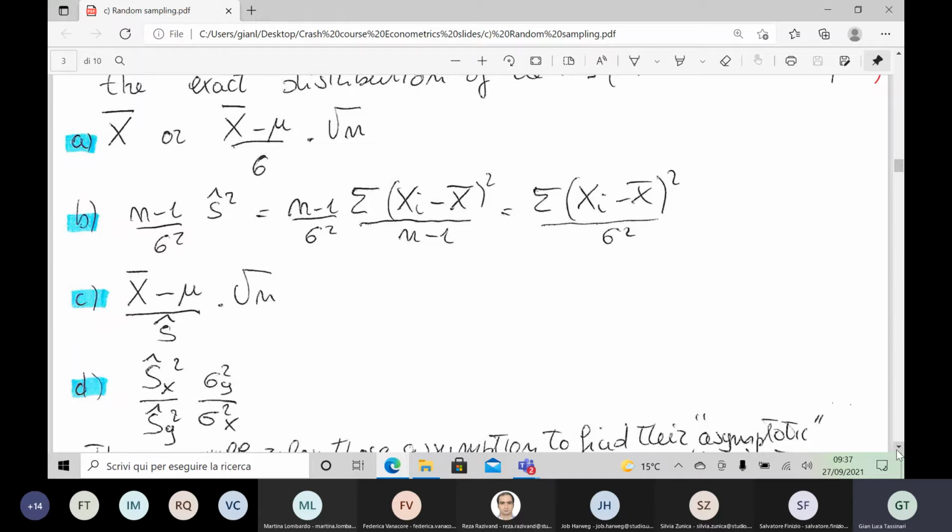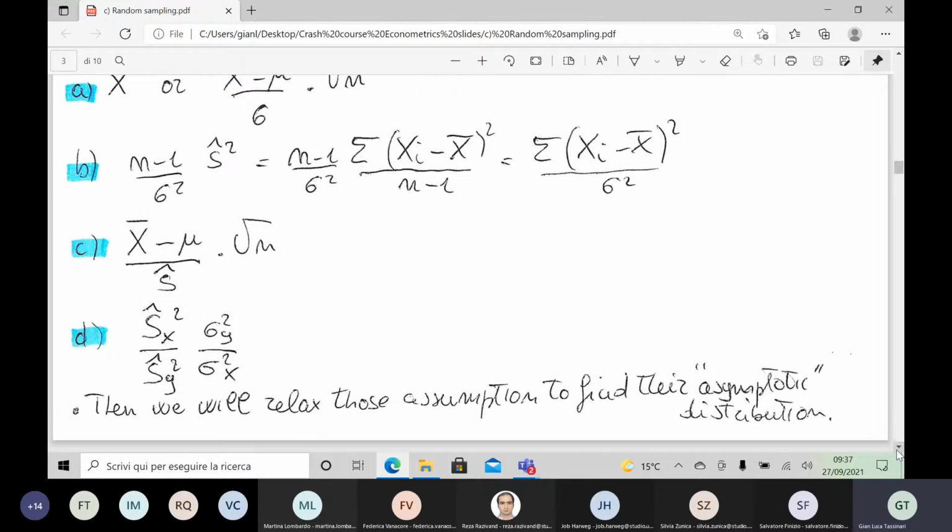Remember that in the first lecture, we used small x bar. Small x bar, guys, was what? The estimate of the average. We called it arithmetic mean. Given our observed sample, small x bar was an estimate of mu, the mean of the population.